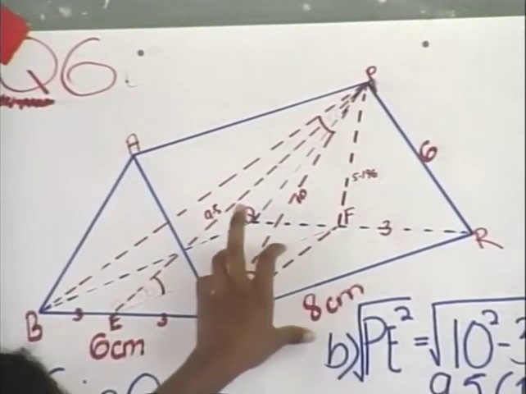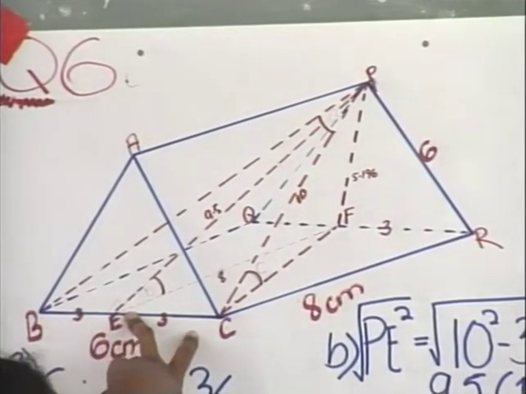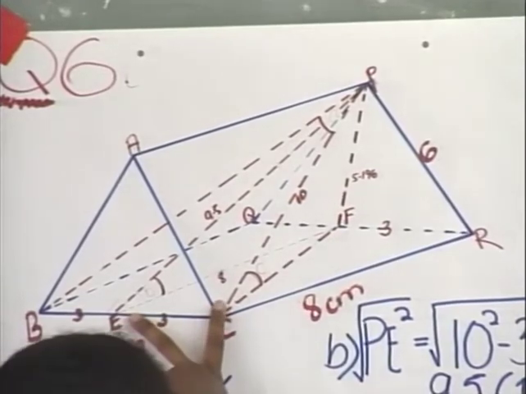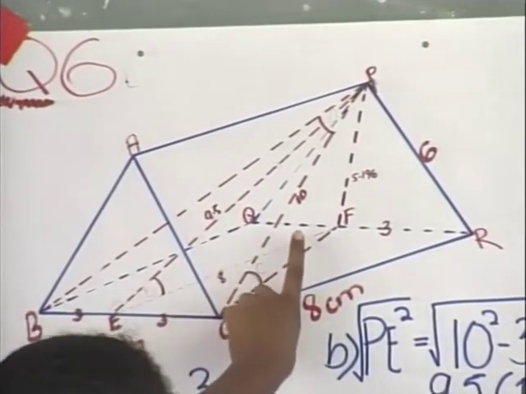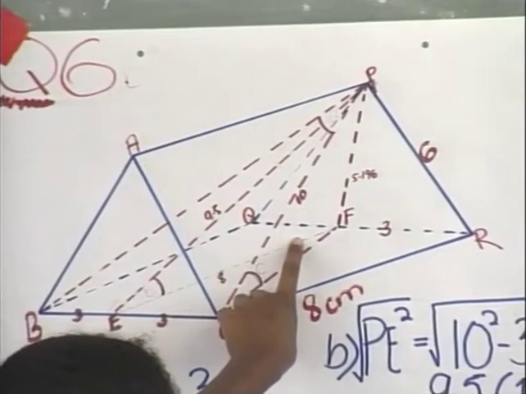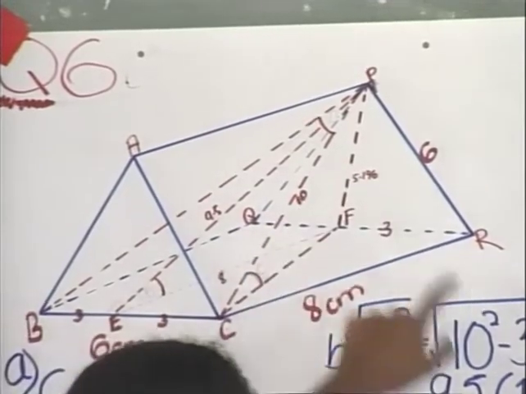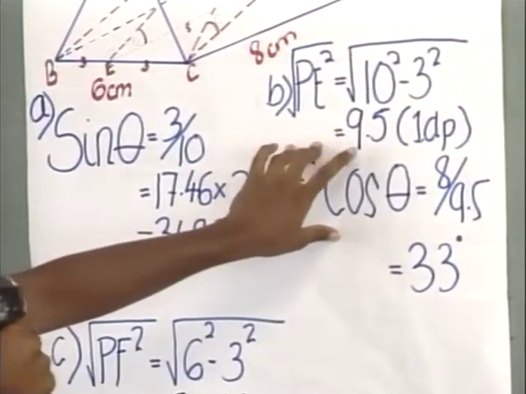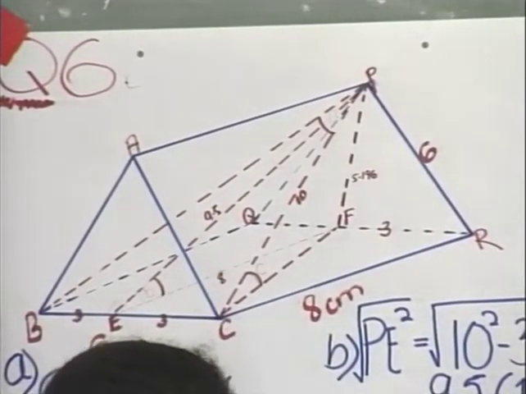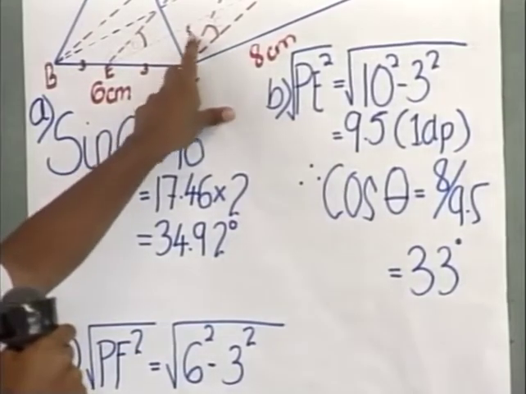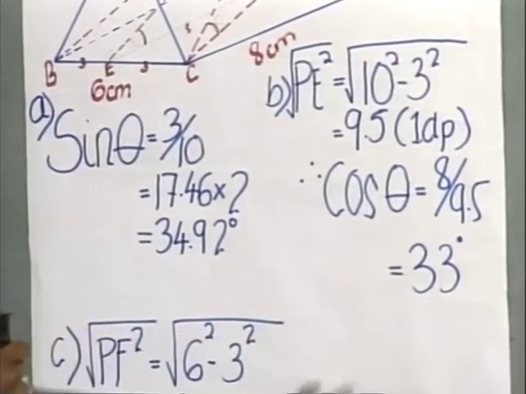To find PE, you use Pythagoras theorem for triangle PEC, which is 10 squared plus 3 squared, which is 9.5, which is PE. Then you use cosine, 8, which is the same as CR, over 9.5, which is 33 degrees.